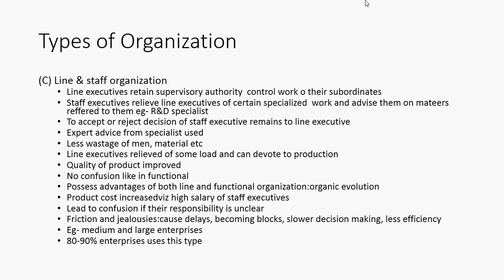They become blocks to the work or to the production. They will try to slow down the decision making process, and in the end the efficiency of the organization will be reduced. So to avoid these things we have to fix the responsibilities.